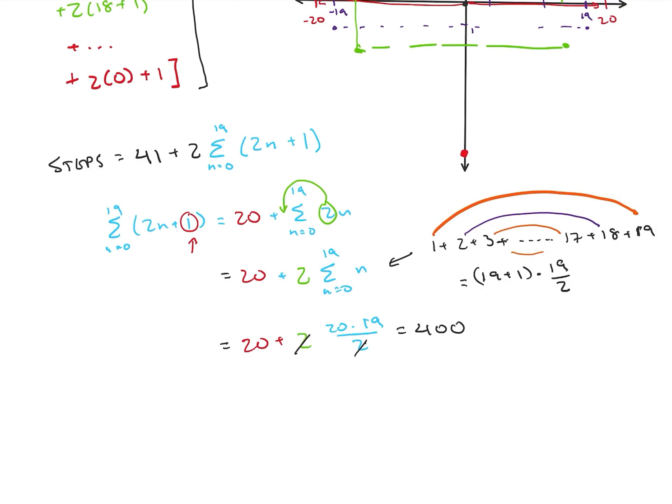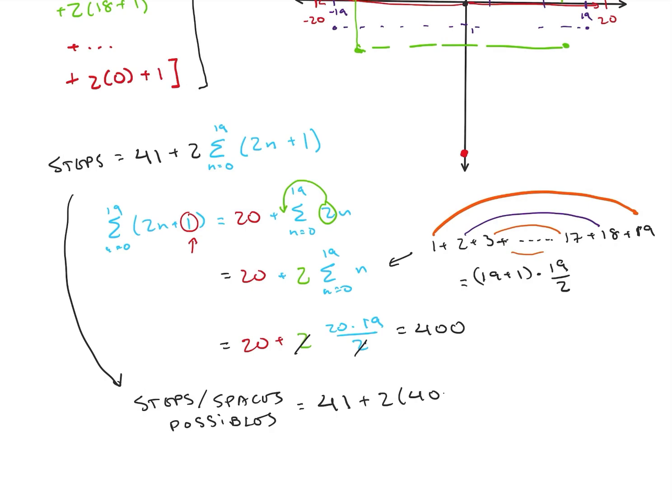Going back to my equation above, my total number of steps and spaces possible is going to be 41 plus 2 times 400, which gives me 841. So there are 841 integer coordinate spots on our coordinate plane where we would have a distance of 20 or less from the origin.